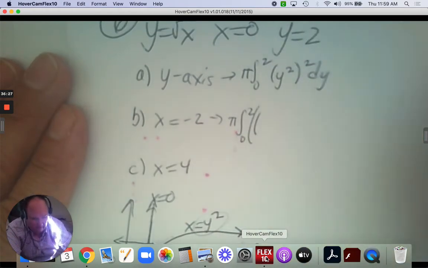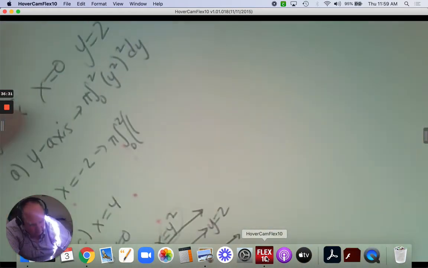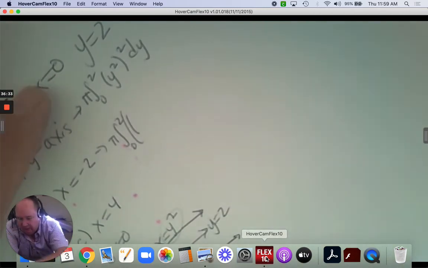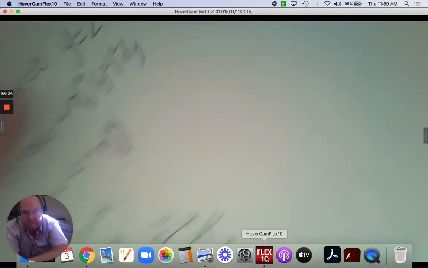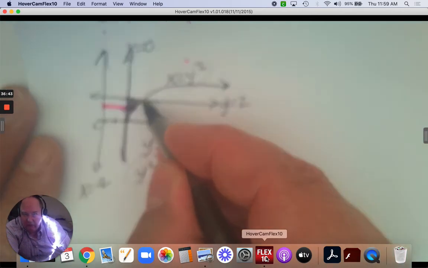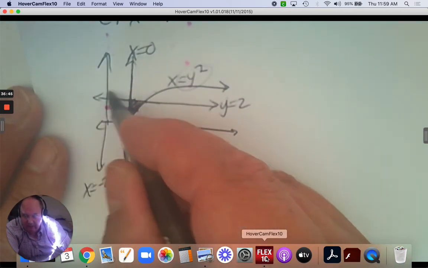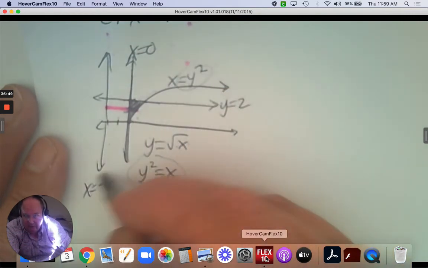One radius is the big one, from the line of revolution all the way through, and you're going to go right subtract left. If I go all the way through, the curve is on the right, and this line is on the left. So you're going to go y squared subtract negative 2.